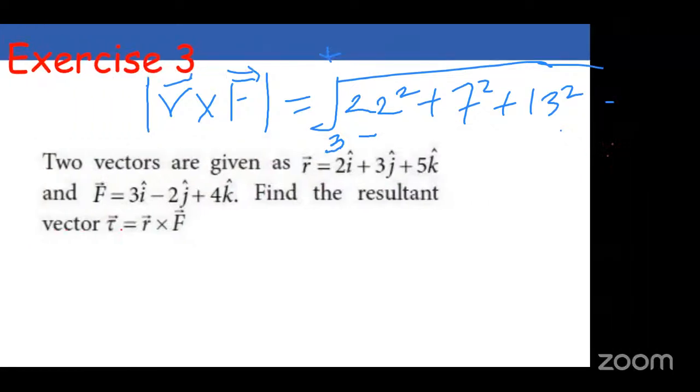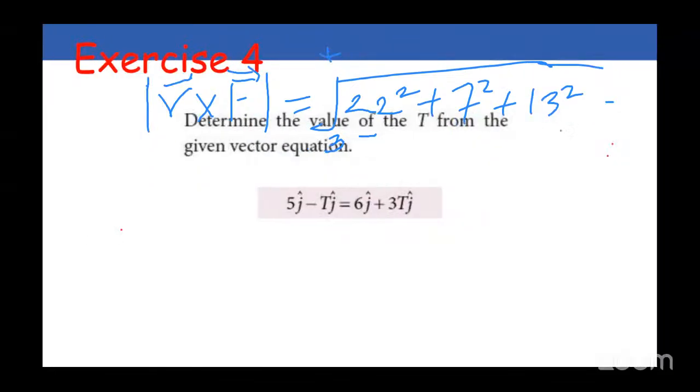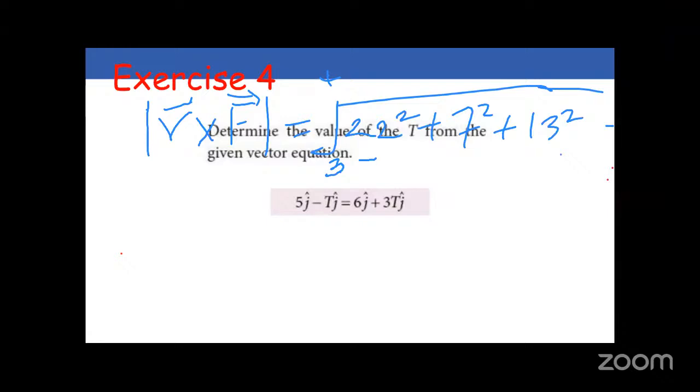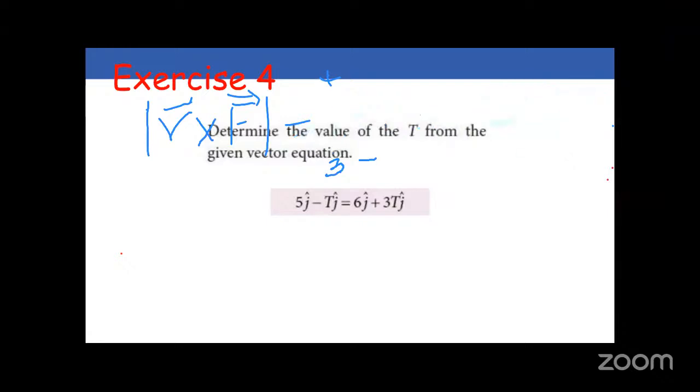So let's move on to the next exercise. So here we have: determine the value of t from the given vector equation. So how do we do this? The way out is to take like terms.